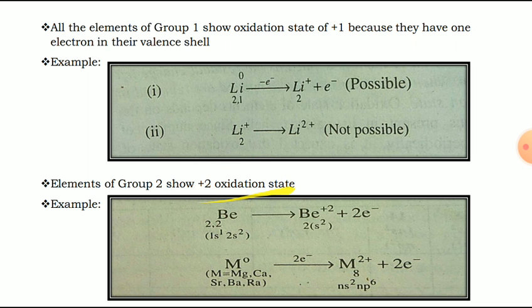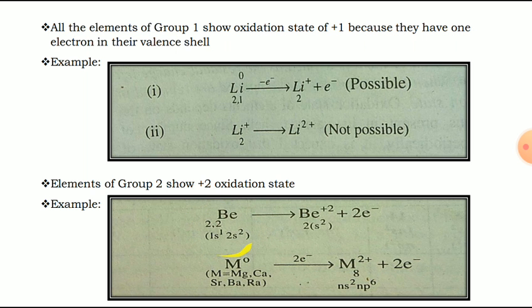From group 2, the outer two electrons, that is ns2, are lost, and the remaining electrons are not lost. See the example beryllium. Beryllium has atomic number 4, that is 1s2 2s2.